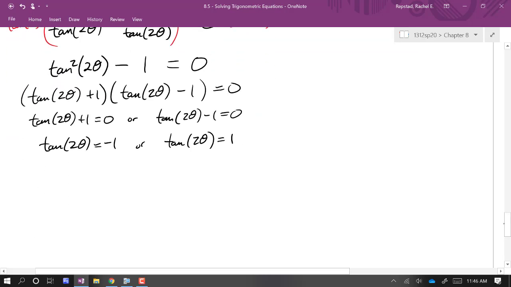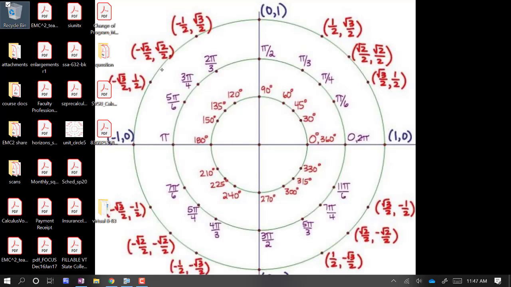Tan of 2 theta is negative 1 when 2 theta is, looking at the unit circle, 3 pi over 4, where sine is positive root 2 over 2 and cosine is negative root 2 over 2, and then over in the fourth quadrant at 7 pi over 4.